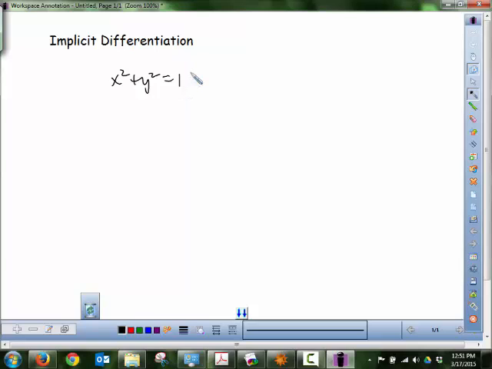And we might be interested in finding out information about its derivative.